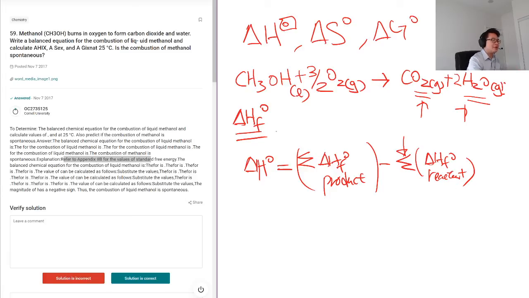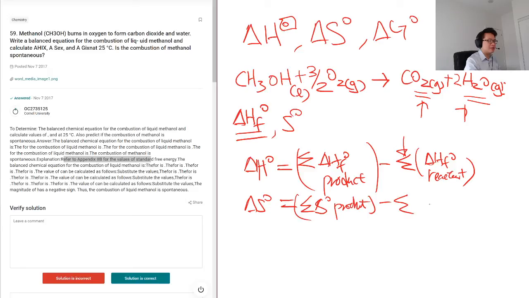The same thing happens with entropy. You can find the entropy of individual chemical species, and the delta S, of course the standard entropy, is again just the sum of the entropy of products minus the sum of the entropy of reactants.